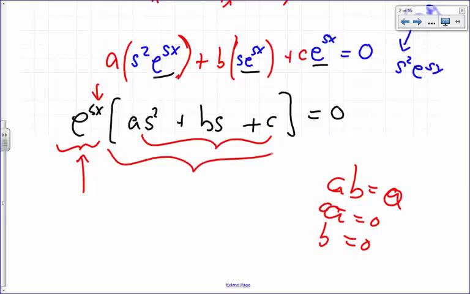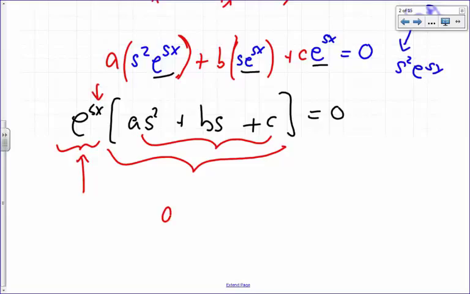So this expression right here must be equal to 0. For e to the sx to obey this equation, it must be true that a s squared plus bs plus c is equal to 0.